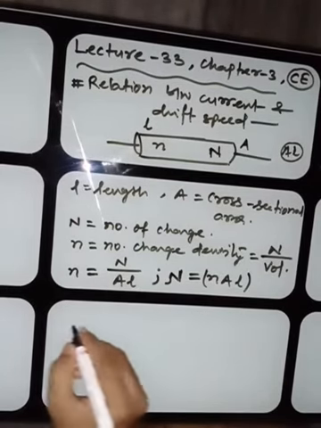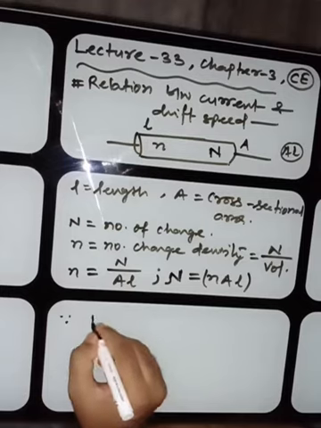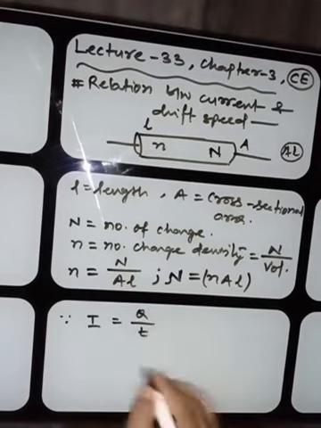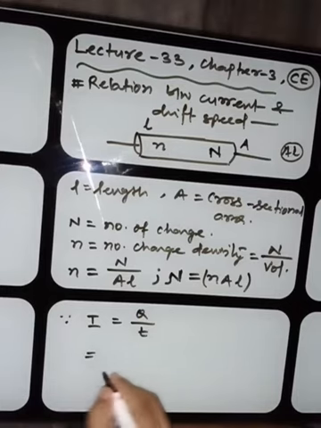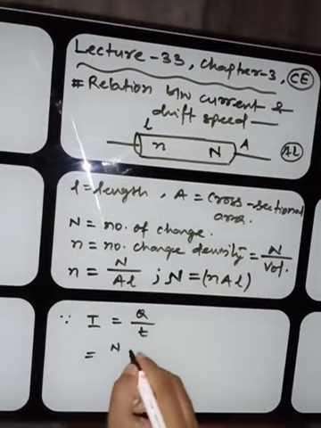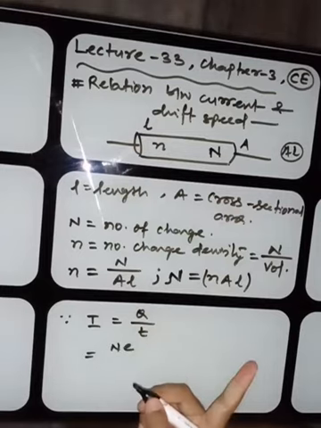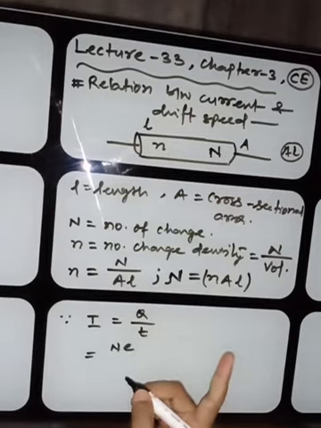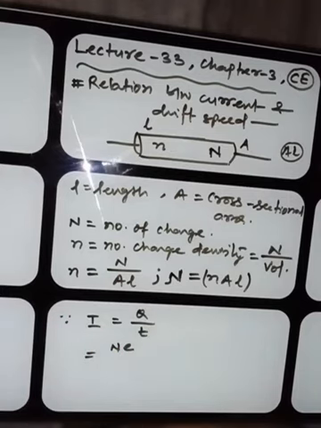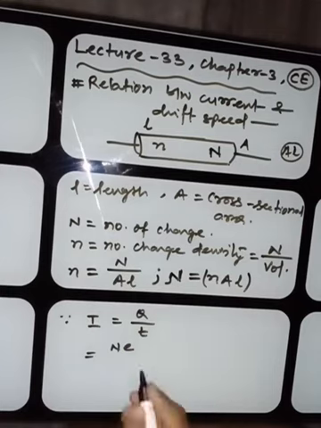Now we are moving towards the relation. As we know, I is equal to Q by T. Now this Q is the number of charge times e. Q equals N e, using quantization, we know that. There we used to represent it by small n, it doesn't matter. You have to understand what this N actually is.